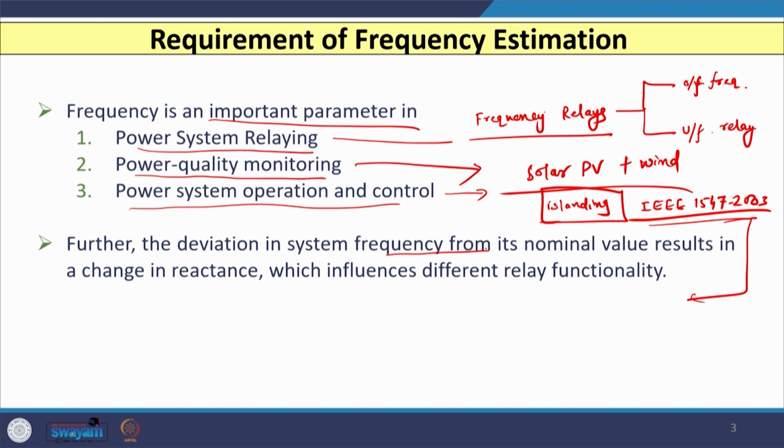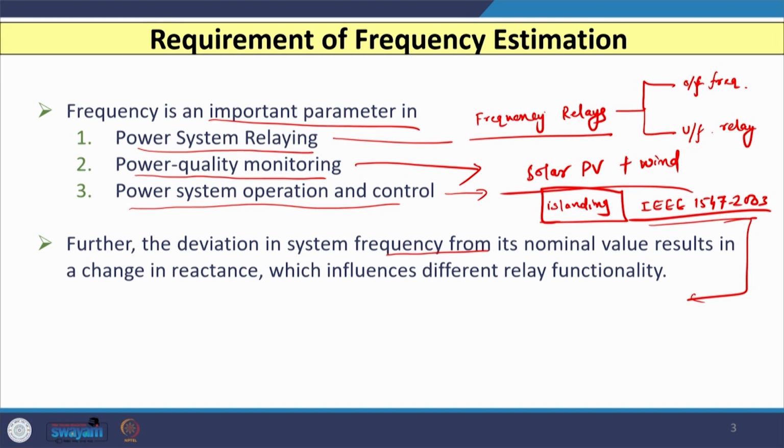If any deviation occurs in the frequency with reference to its base or nominal value, it results in a change in reactance, and that directly impacts the functionality of different relays. We know that when we use over frequency relaying or under frequency relaying, frequency is important.